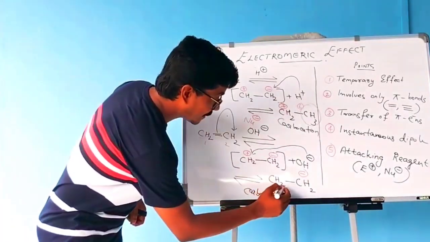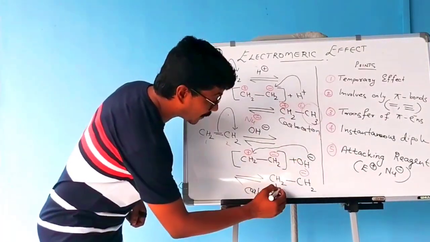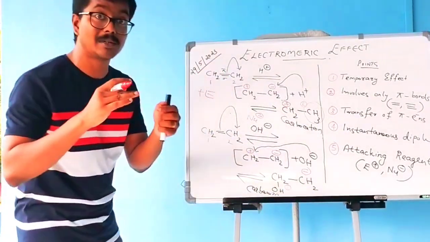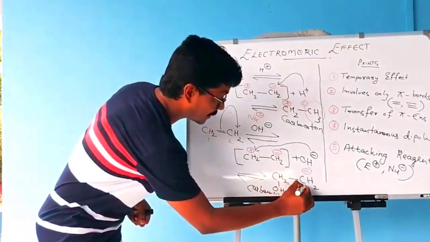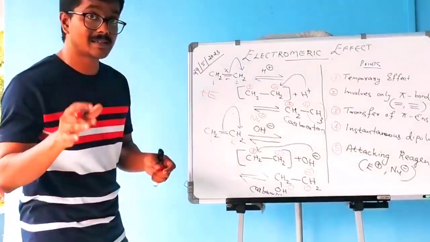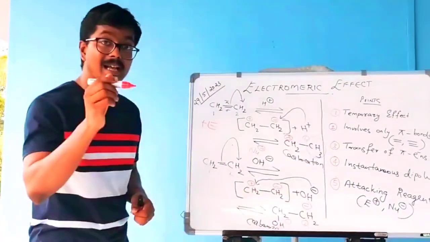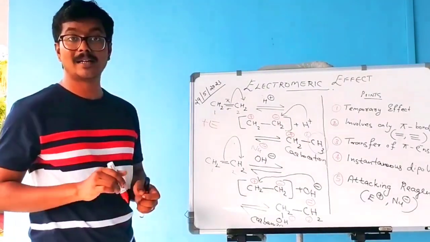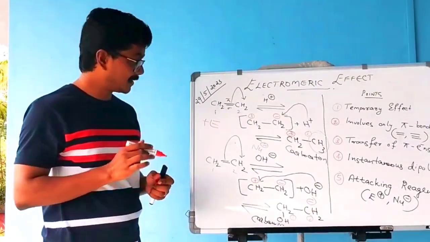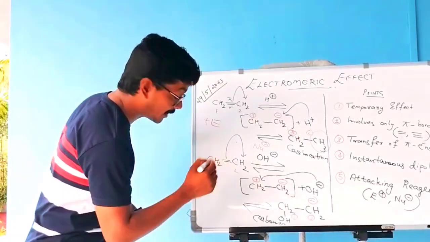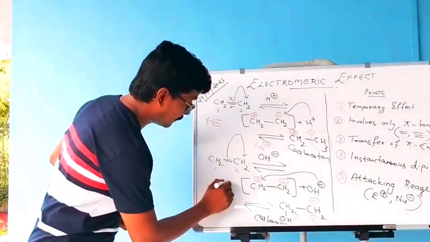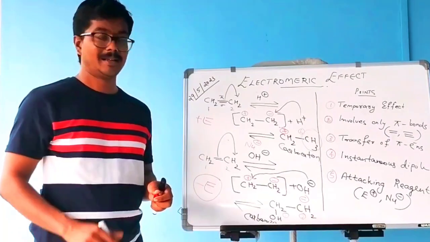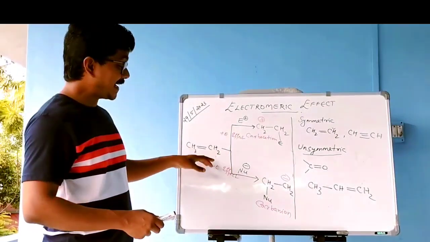That is, the nucleophile attaches to the first carbon, not to the carbon where the pi electrons are transferred. I hope you understand. The nucleophile attacks the carbon opposite to where the pi electron is transferred. Such an effect is known as minus E effect or negative electromeric effect. Plus E effect and minus E effect.